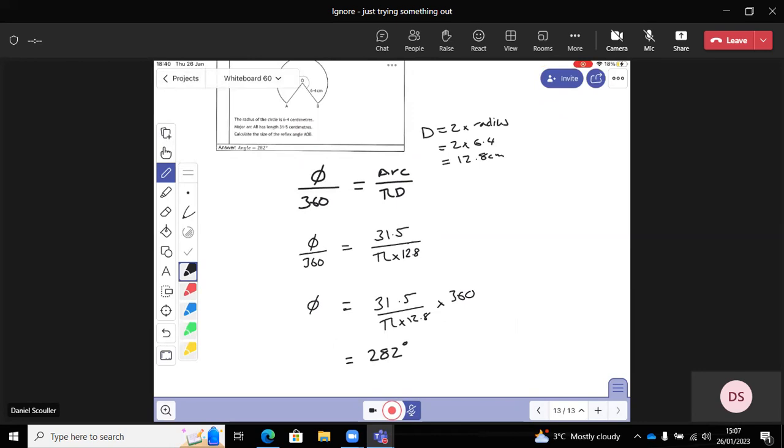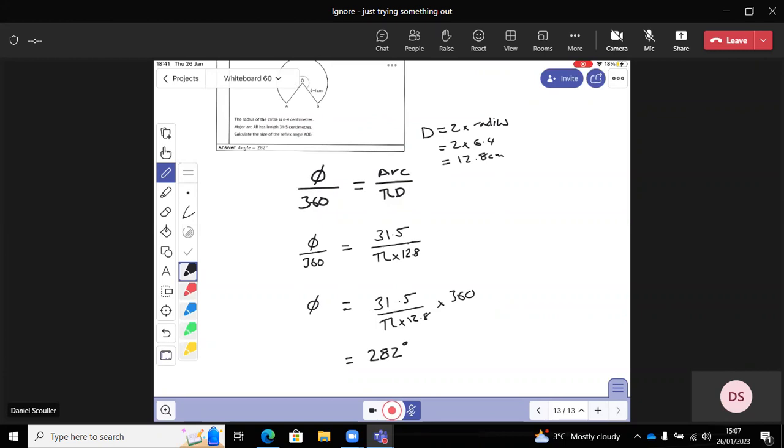Is anyone putting that in their calculator and not getting that out? If you aren't getting that out, and I think this came up in the class, if you put that bottom line, the pi times 12.8, in brackets, so in my case it's 31.5 divided by, and then in brackets, pi times 12.8, and then out with the fraction, put times 360.